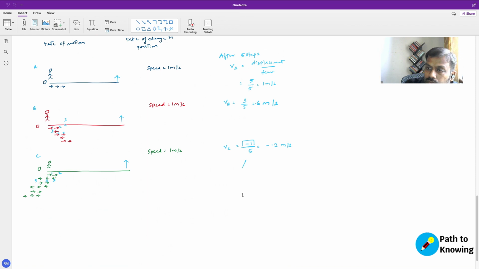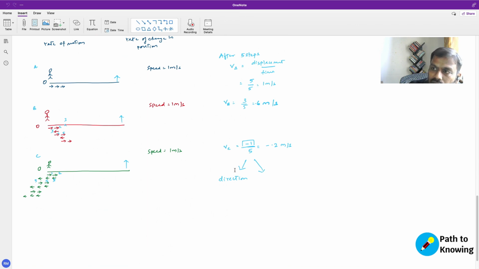Right? So all the other physical quantities that we spoke about, be it distance and speed, all of them had only the numeric aspect, right? They did not have a direction, right? The value of the distance covered will always be positive because it is the length of the path that that particular object takes. So it will always have a positive value, right?